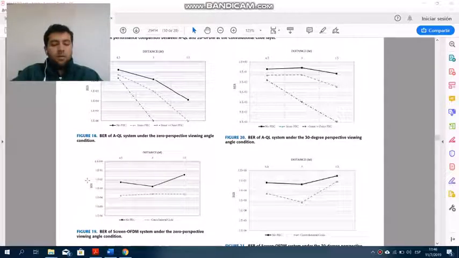The OFDM screen significantly outperformed AQL in relation to BER performance for a longer communication distance and a broader perspective.